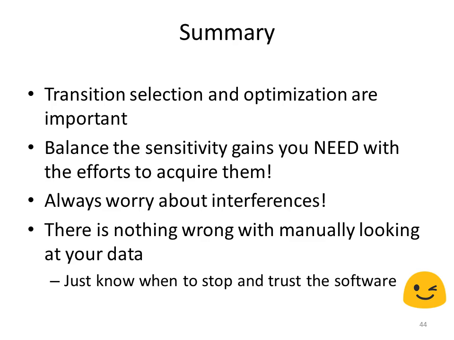And balance the sensitivity gains you need. You don't have to optimize if you're looking at high-level targets in plasma samples where you've got an abundant supply. But if you have to get down to very low levels and you would rather optimize to get a twofold improvement rather than do an enrichment step, which would be more sample handling, then it may be worth it.